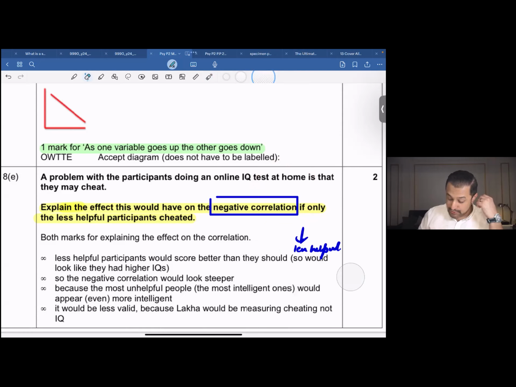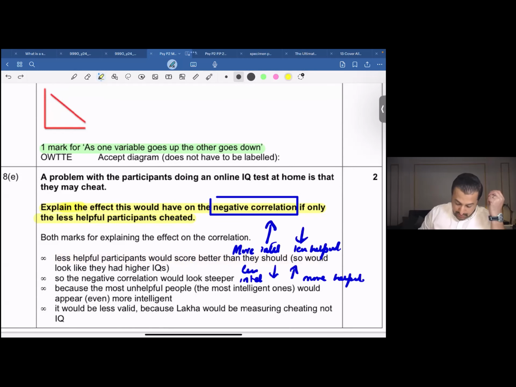This happens to be a 2-mark question, and looking at the possible answers, both marks are for explaining the effect on correlation. So less helpful participants would score better than they should, so they would look like they have a higher IQ, right?